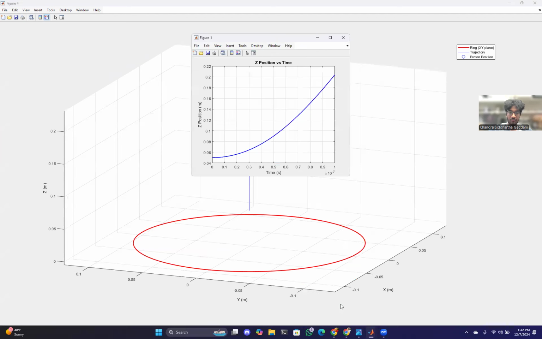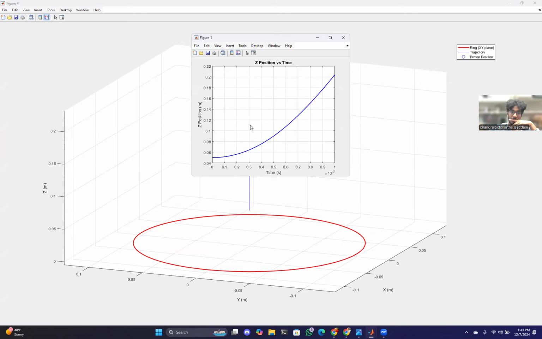We can also see it in the graphs. As you know, it is moving away from the circular ring, so you can see that it increases its value in the z direction as it moves in the positive z direction.